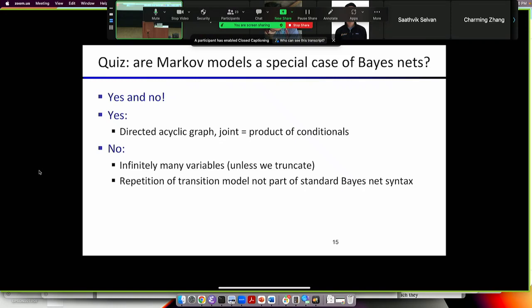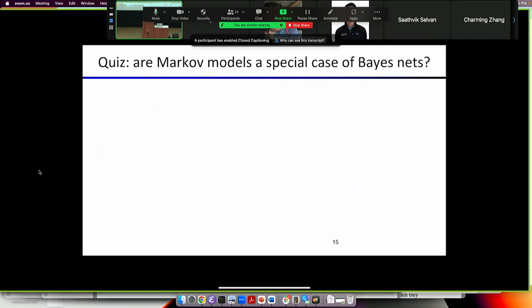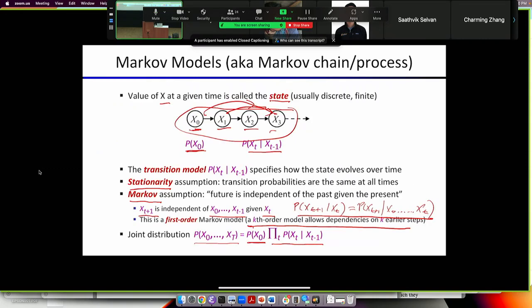So the product of conditionals formula that I just gave you, that's for any finite t. If I actually took it literally and said, okay, what if t is infinity? Then I've got an infinite product of conditional probabilities. And what is an infinite product of numbers that are less than 1? 0, right? So if I took it literally, there's infinitely many variables here, and the joint probability of any assignment to those variables is 0.